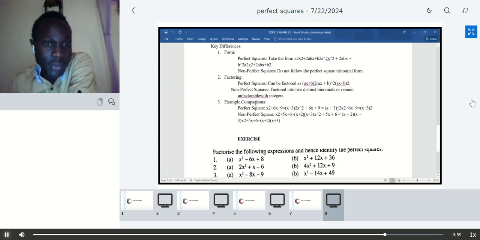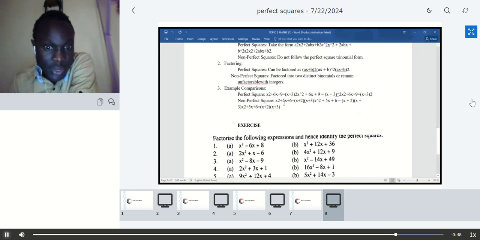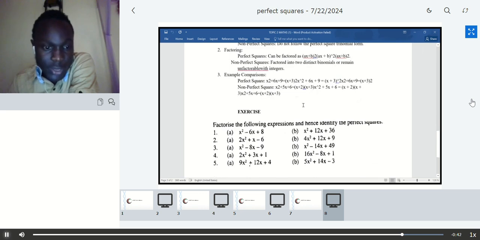Example comparisons: the perfect square x squared plus 6x plus 9 is equal to (x + 3) squared, and the non-perfect square x squared plus 5x plus 6 is equal to (x + 2) times (x + 3).